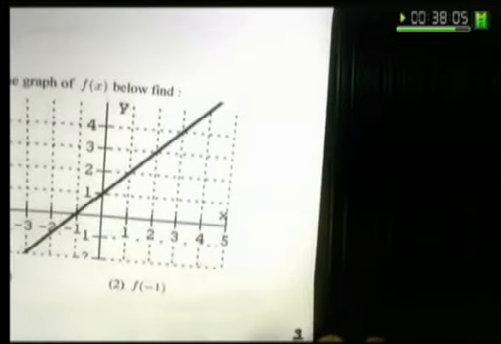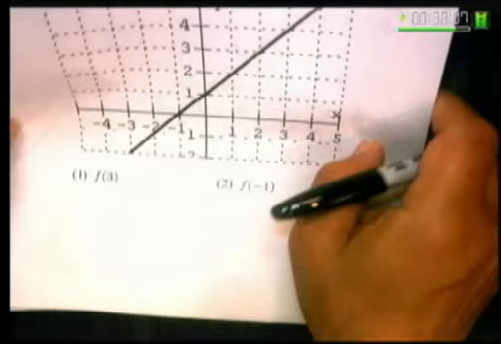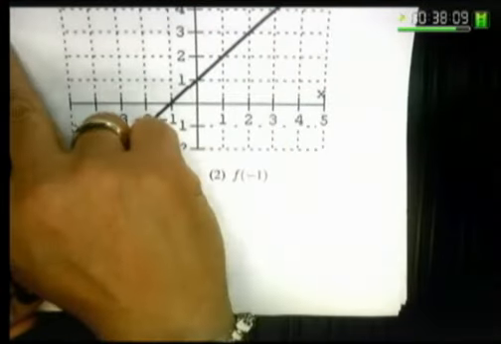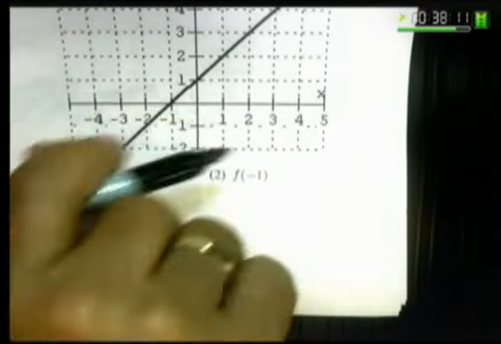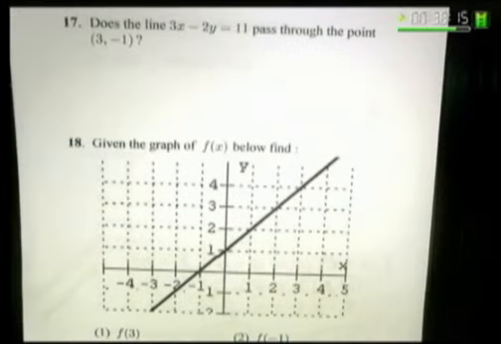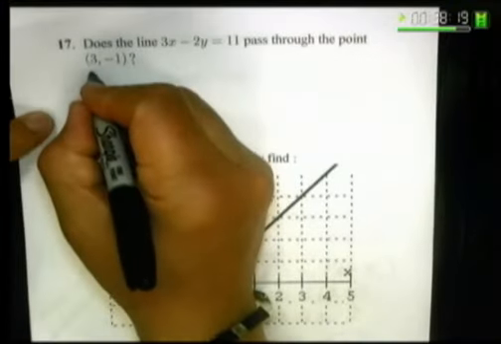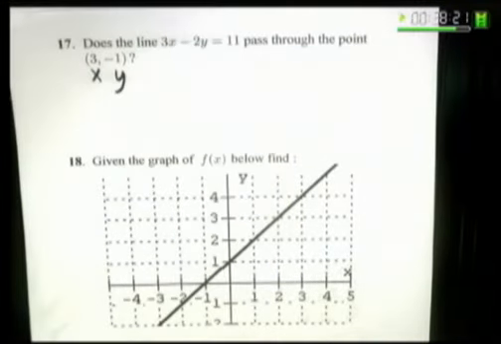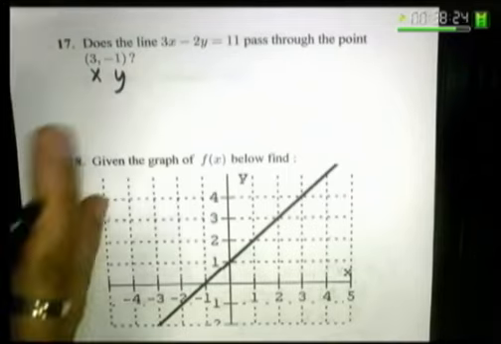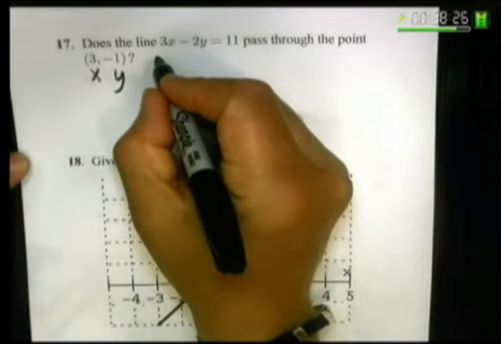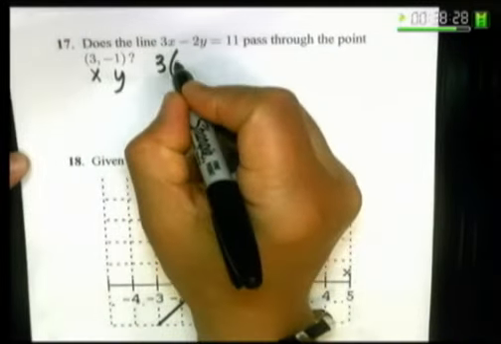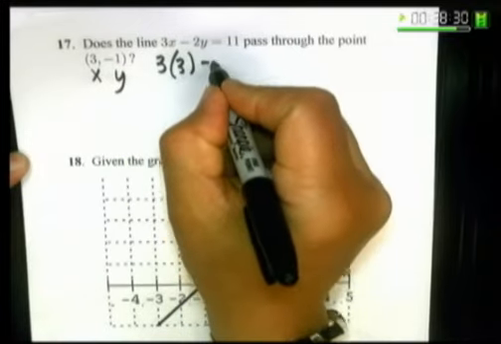They wanted us to look at 17 and 18. Let's look at 18 real quick. Y'all should be able to do number 17. They say, does this line pass through this point? All you'd have to do is identify this as your x and your y, right? So then you would simply plug them in. You would go 3 times x. What is x? 3.